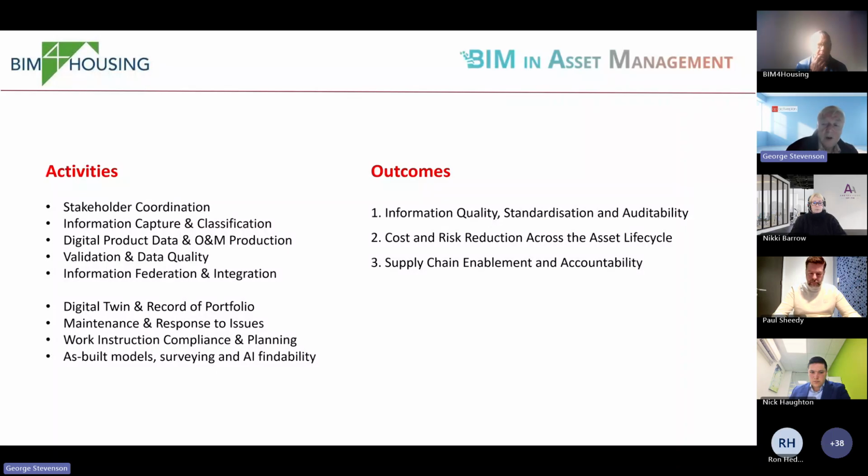If we look at what we're going to be covering today in terms of the retrospective fire strategies, how can we get the information that's needed for the fire engineer, somebody like Ron Hedger, to be able to carry out that work? What's the value of having digital records and the golden thread itself?